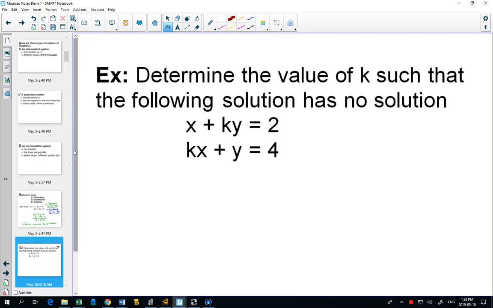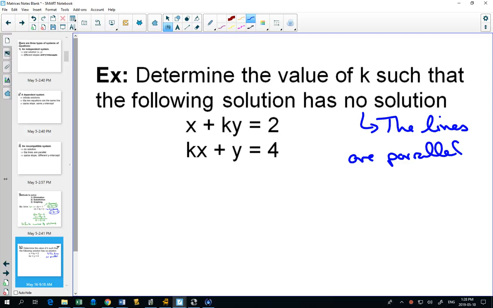Now we want a system here so that there's no solution. No solution means the lines are parallel. So we need both of these lines to be parallel, but they need to have different y-intercepts.